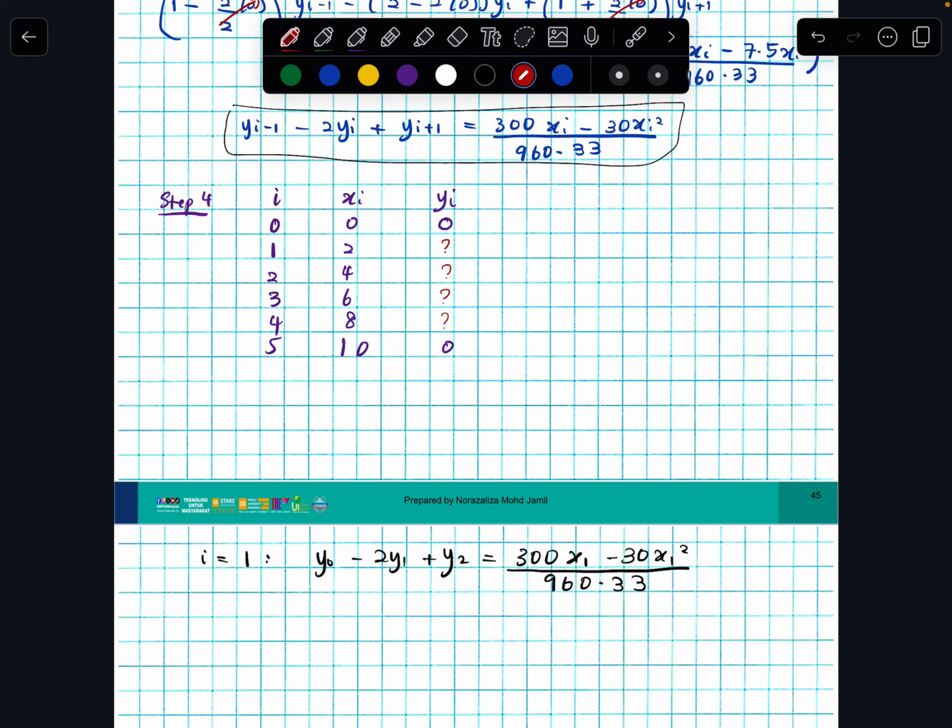Okay, now look, y0 is the first value of y, which is 0. You can replace that. x1 is 2. x1 squared is 2 squared. Okay, then you can simplify this. After you replace those values, you will get this expression.